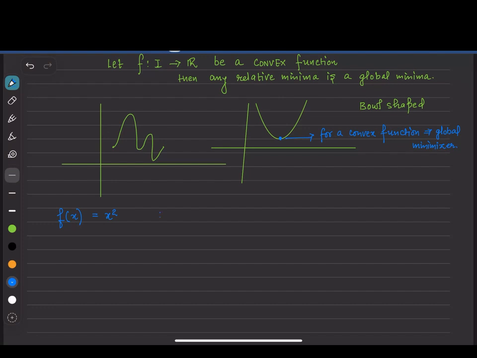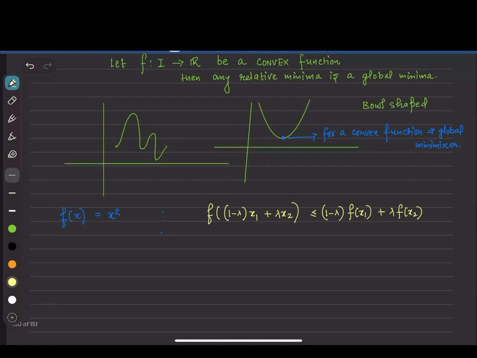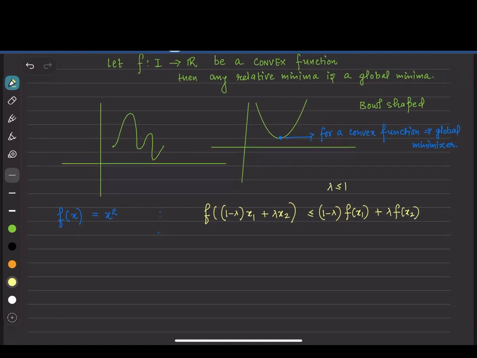So what we need to show is basically we apply the definition. What is the definition? The definition is if a function wants to be convex on an interval I, then it should satisfy that f at (1 minus lambda) into x1 plus lambda into x2, the f on the line segment, is less than or equal to (1 minus lambda) into f at x1 plus lambda into f at x2, where lambda is less than or equal to 1 and is non-negative.